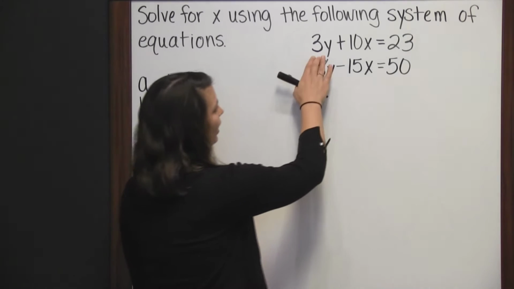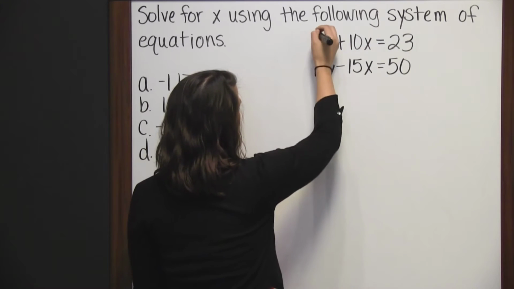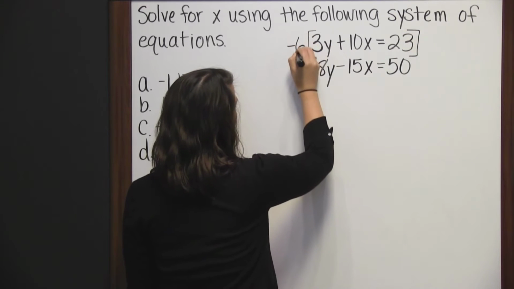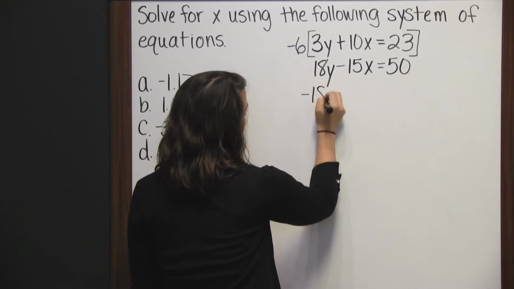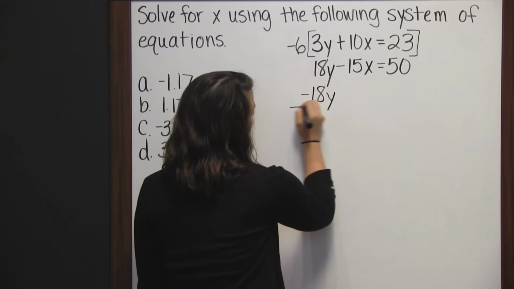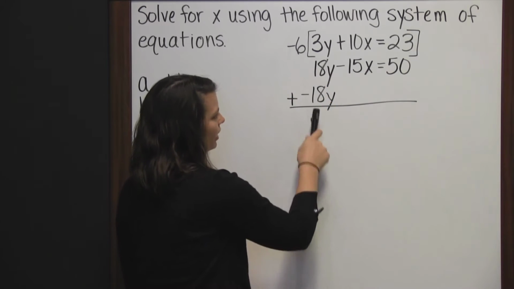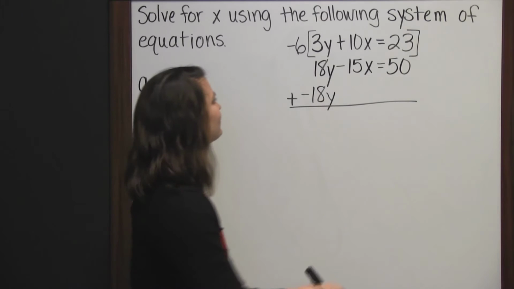To get rid of y, I need to multiply this whole equation by a negative 6. Because negative 6 times 3y is negative 18y. And then when I add my two equations together, 18y and negative 18y will cancel or eliminate.